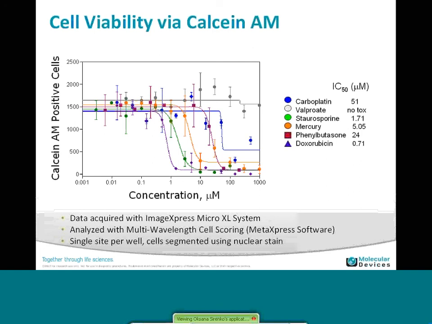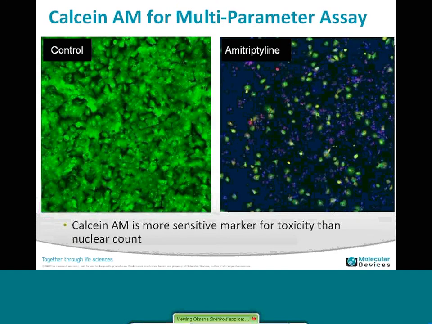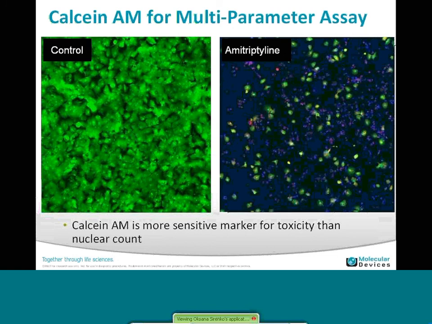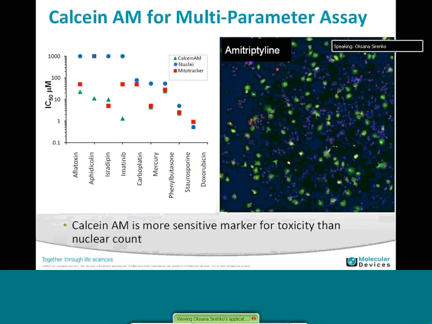We usually take a single site per well and cells are segmented using nuclear stain. Calcein AM is apparently a very sensitive marker which has greater sensitivity for toxicity effects than plain nuclear or cell count. We have compared IC50s defined by Calcein AM as well as nuclear stain or mitochondria, MitoTracker.